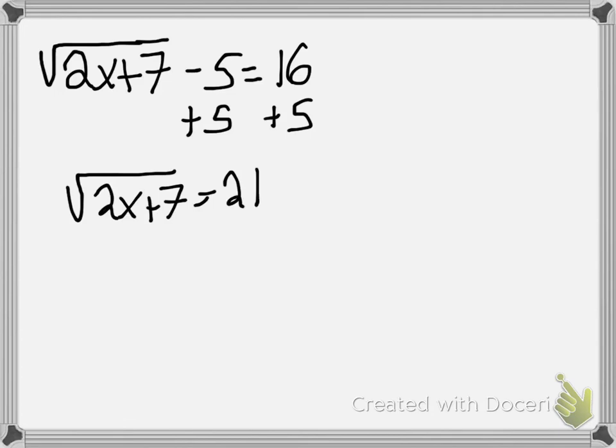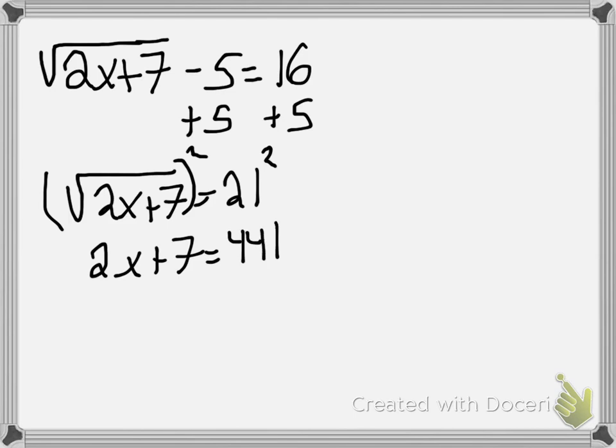Now, how do I get rid of a square root? Well, the opposite of a square root is to square it, so I'm going to square both sides. So I'm going to raise this to the second power. And I'm going to square 21. So I'm going to end up with 2x plus 7 equals 441. All right, and now this is a very straightforward, simple equation.